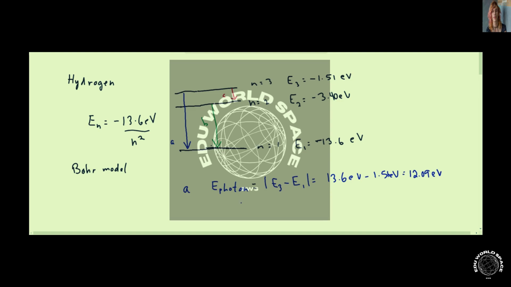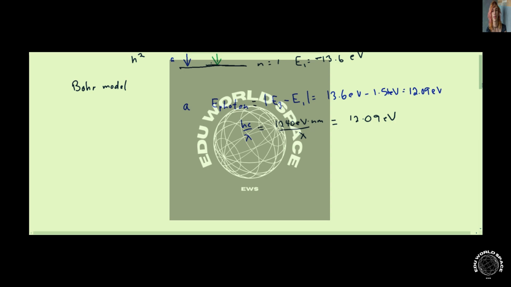So here we're going to use the energy relationship between the wavelength of the photon and the energy. And we'll use our atomic units so that we come up with the wavelength in nanometers. And pretty simple to work out the wavelength.